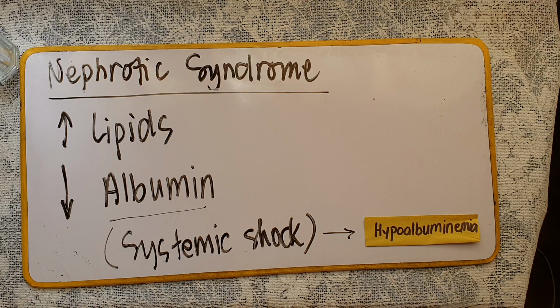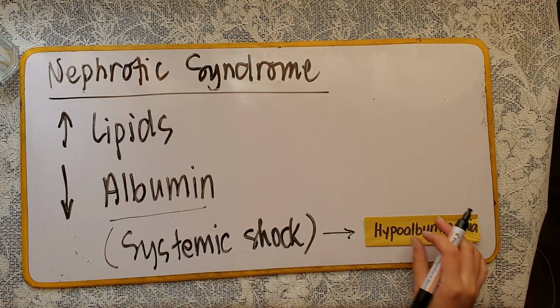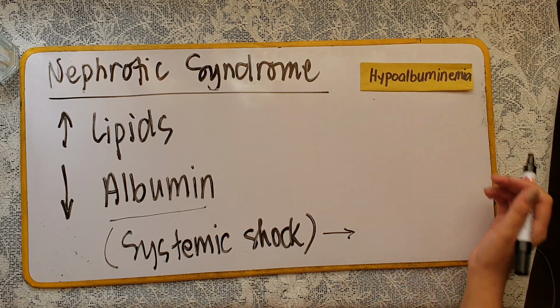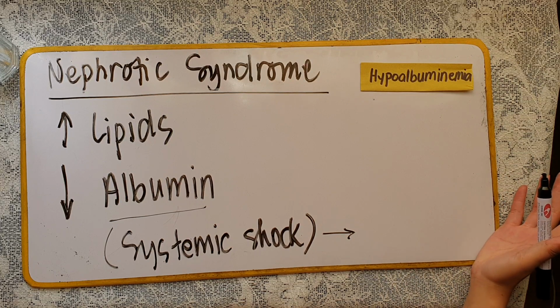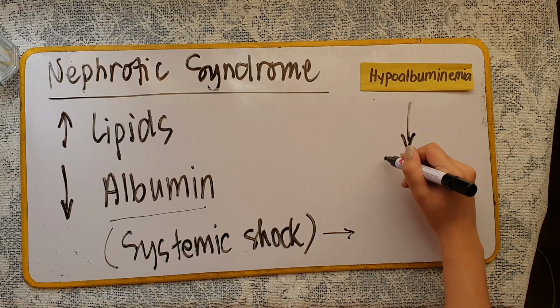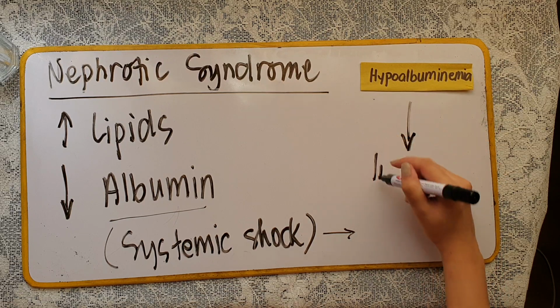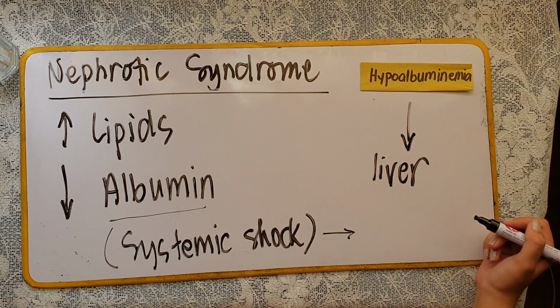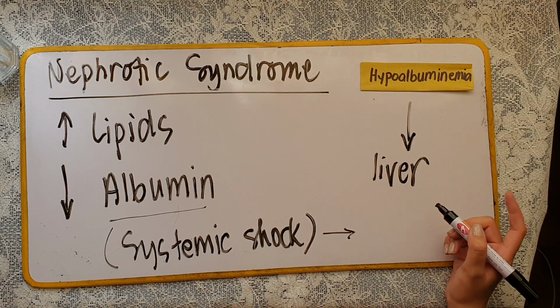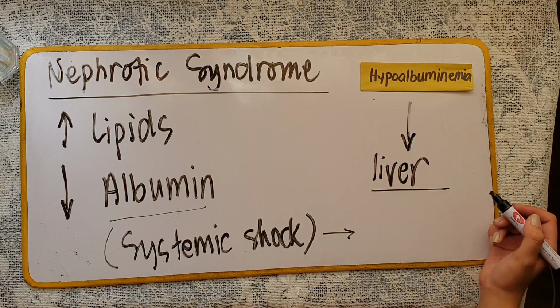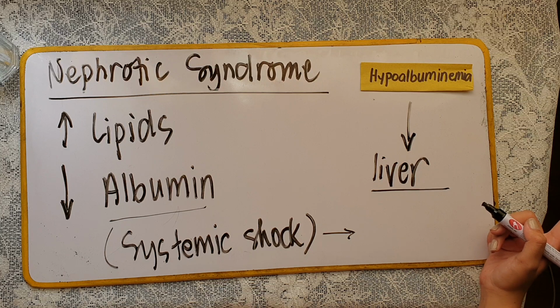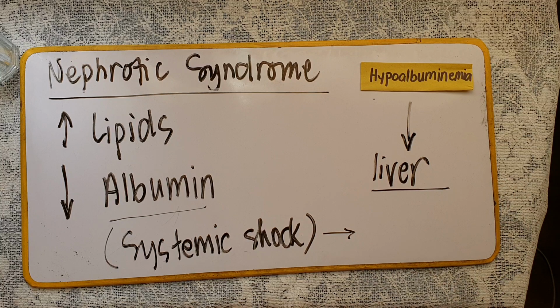Okay? Now, kapag may hypoalbuminemia class, ang tendency niyan, the liver will try to compensate by stimulating the production of lipid. Okay, magko-compensate ang liver natin to the loss of protein by producing excessive amounts of lipid.